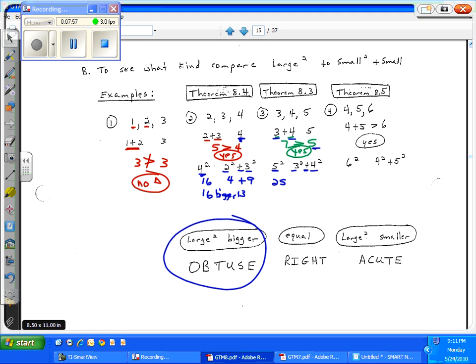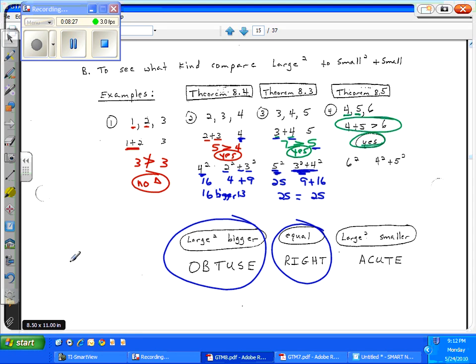So 5 squared is 25, 3 squared is 9, 4 squared is 16, 9 plus 16 is 25, 25 is equal to 25. The square of the longer side is equal to the sum of the squares of the smaller two sides, so it's a right triangle because it satisfies the Pythagorean theorem.